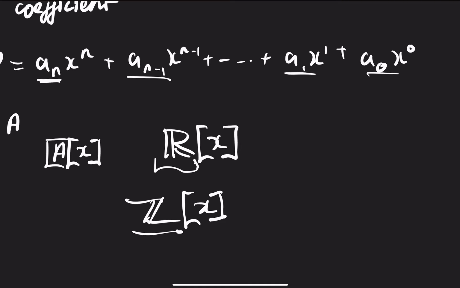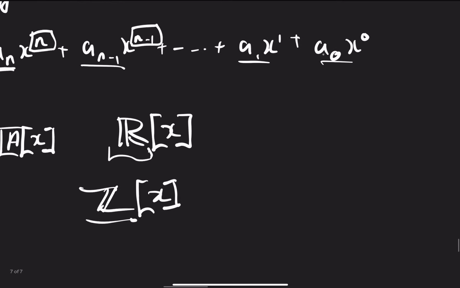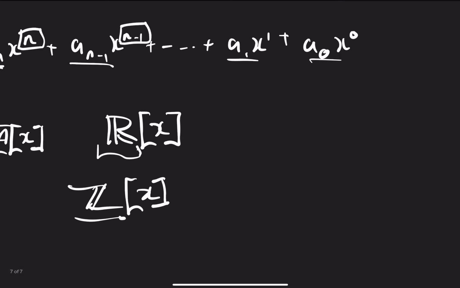However, there are restrictions on the exponents of x. For any exponent of x, it can be 0, as we see here, but it cannot be negative and it cannot be fractional. So essentially, the exponent can be any non-negative integer, right?